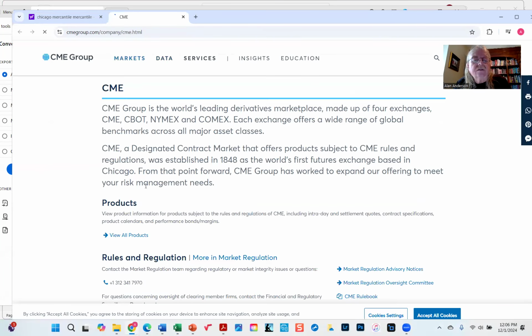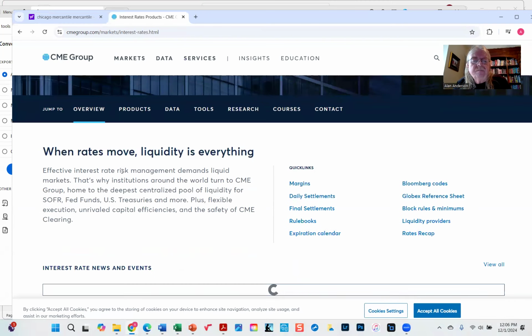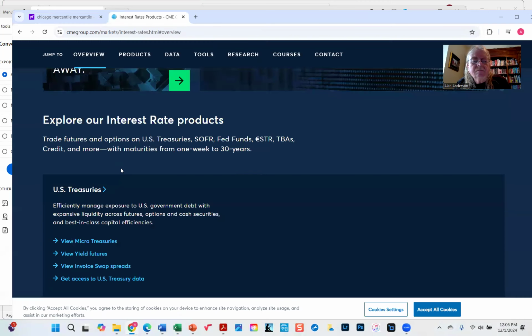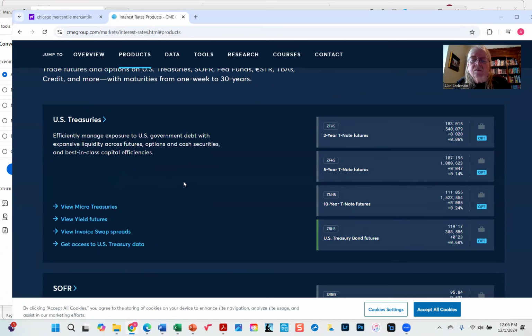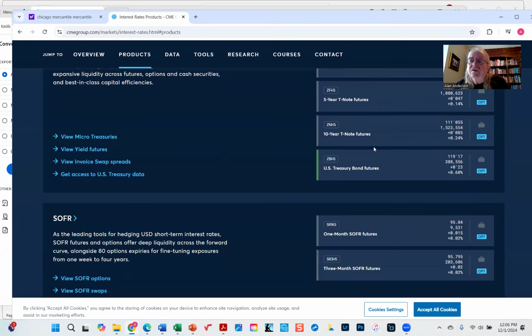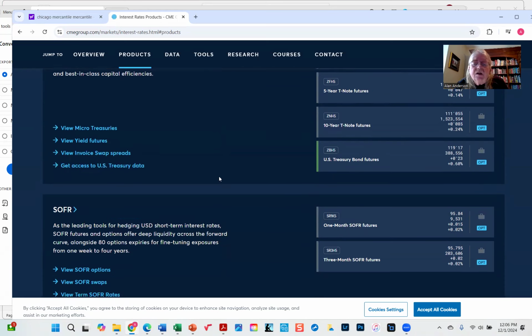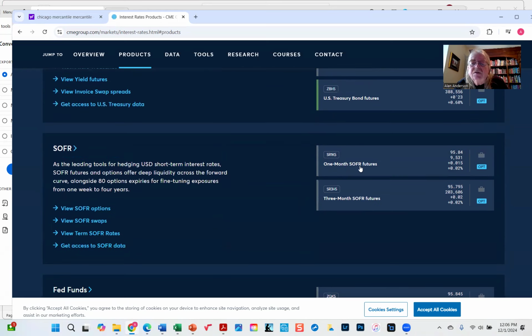So under interest rates, they have treasuries. I mean, when they say treasuries, they mean derivatives written on treasuries. Like here, these are all futures contracts, which are very, very popular for hedging purposes. Because again, you're not ever required to actually take delivery of these treasury securities because you can unwind your position as you need to.